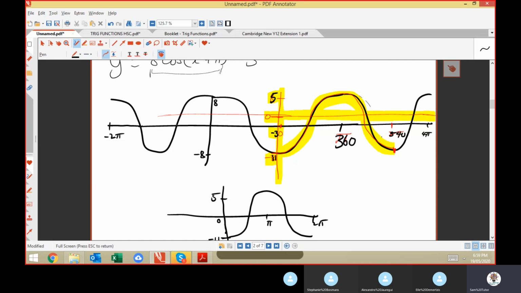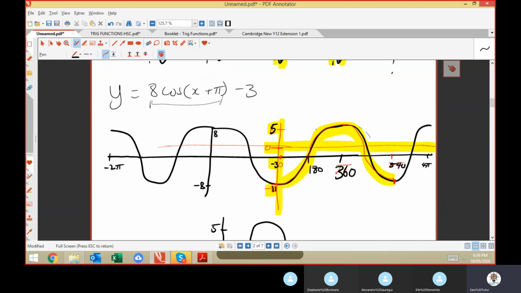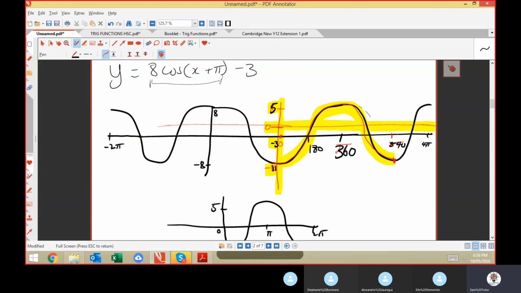If I knew those were 360, 540, and that was 180, and so on, and then you tell me, go and subtract 180 degrees, well, 180 take away 180 is 0. 360 take away 180 is 180. 540 take away 180 is 360.